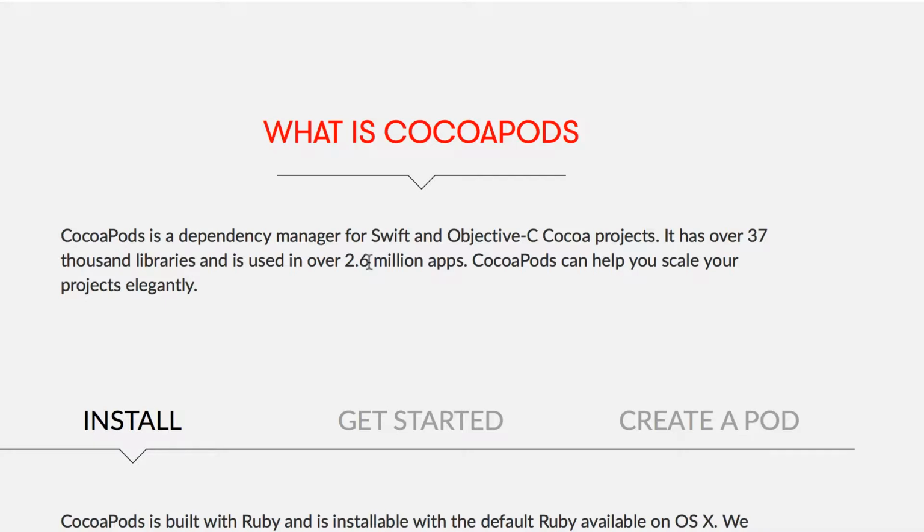Let's say that you have 5 SDKs in your project. You have one for Facebook, one for maybe push notification, one for analytics, one for Parse, one for, say, cloud storage, maybe AWS. And if you manually install those libraries, like we did previously where we dragged and dropped the SDK from Parse to the project, that means every time there is an update to the SDK, there's no way to know.